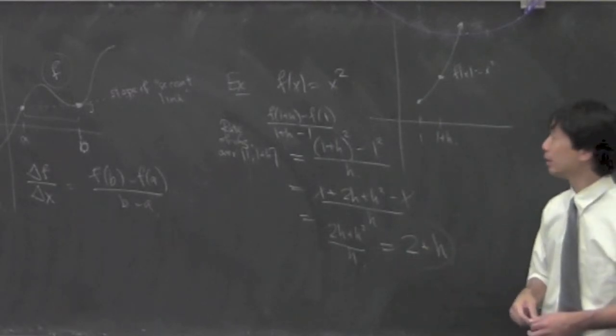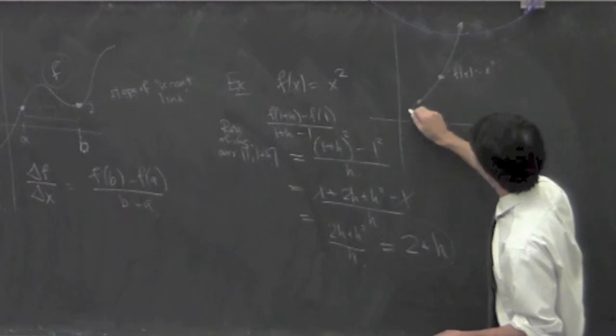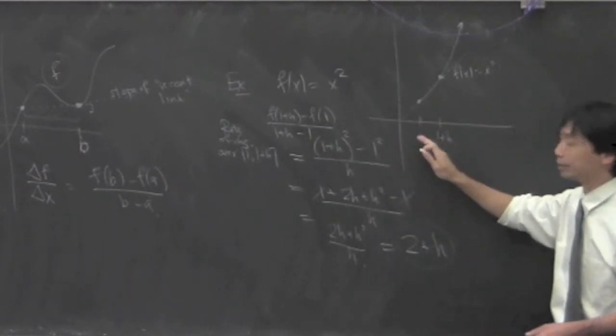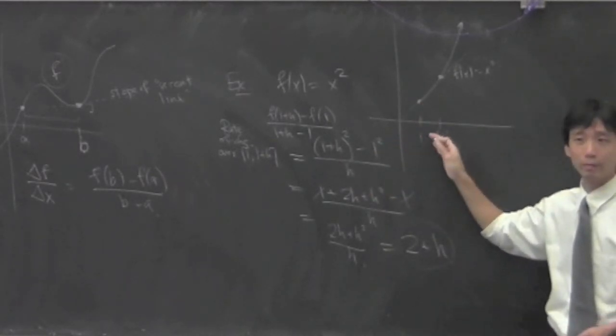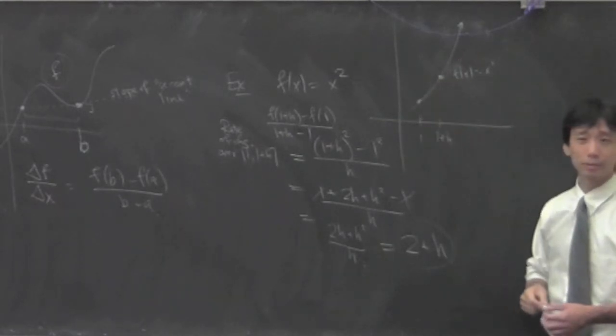What is that? That is the average rate of change over this interval. Or another way of saying it, it's the slope of the line through these 2 points.